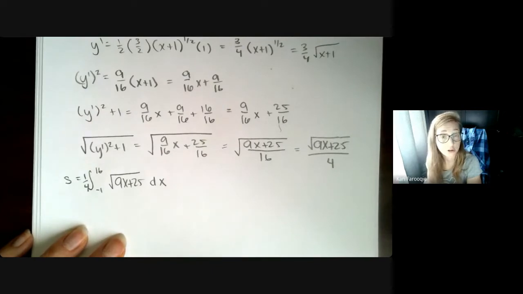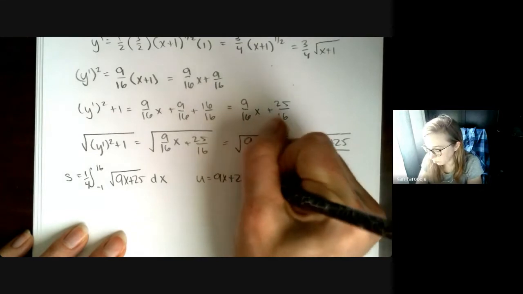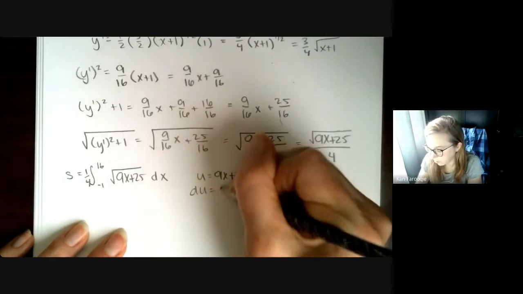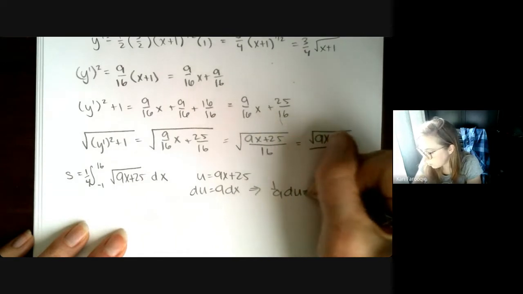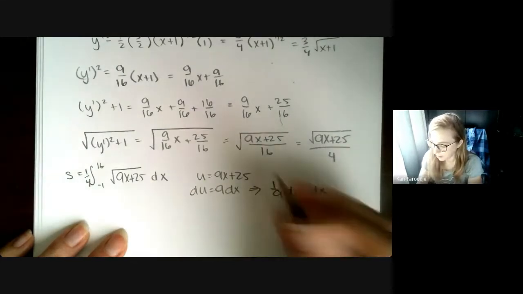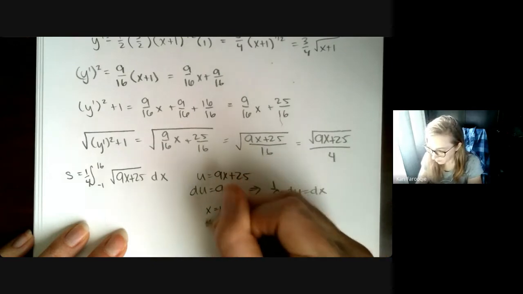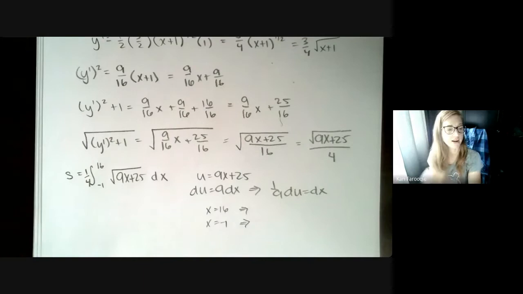And for this one, I'll use a u substitution. So I'll let u be 9x plus 25, and du is 9 dx. That means 1/9 du is dx. I'm also going to change the upper and lower limits of integration because that's what we should be doing. I have x equals 16, x equals -1, and I know that u is 9x plus 25.